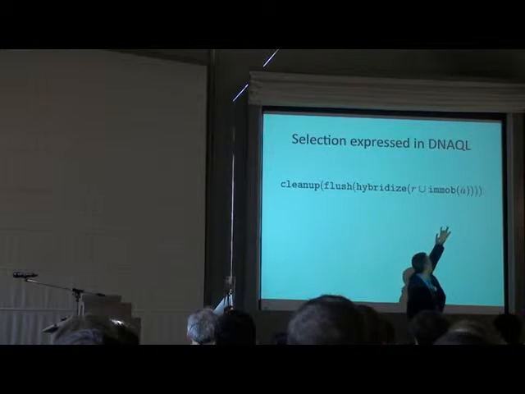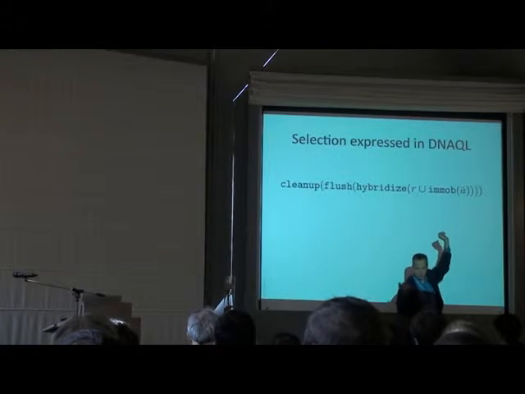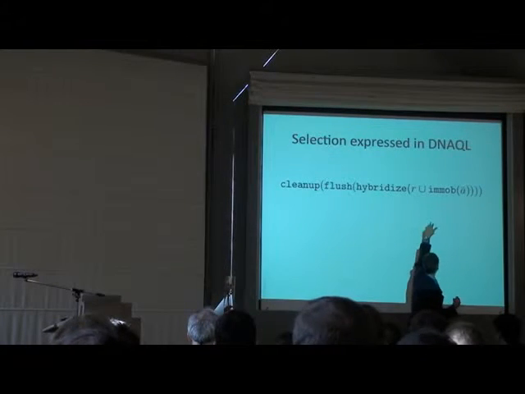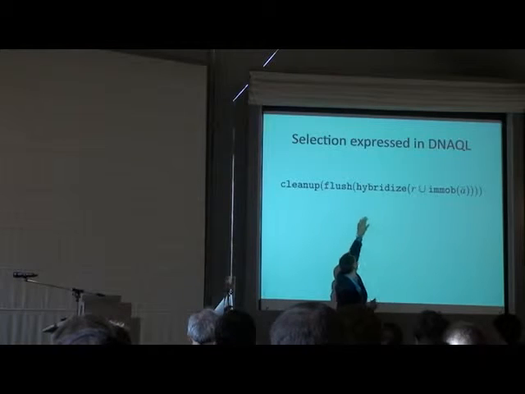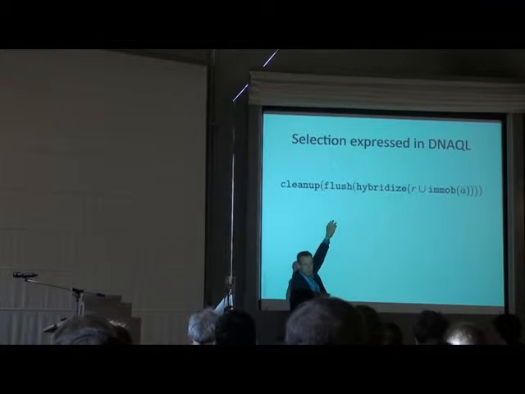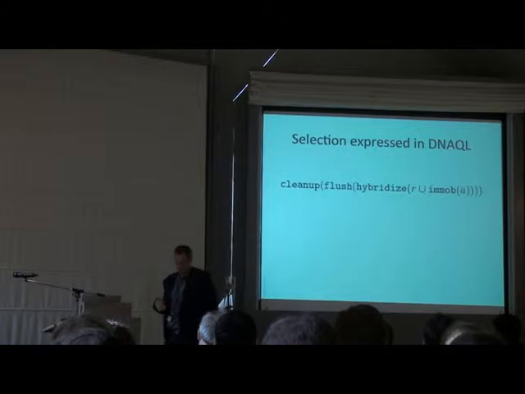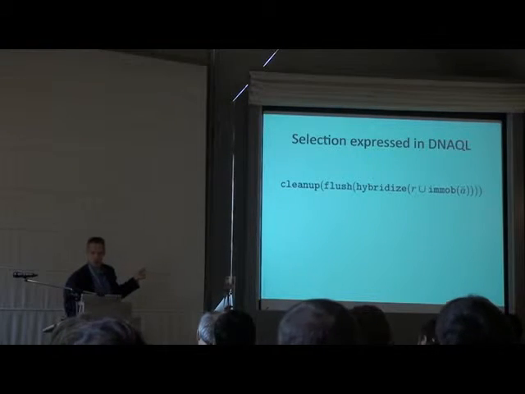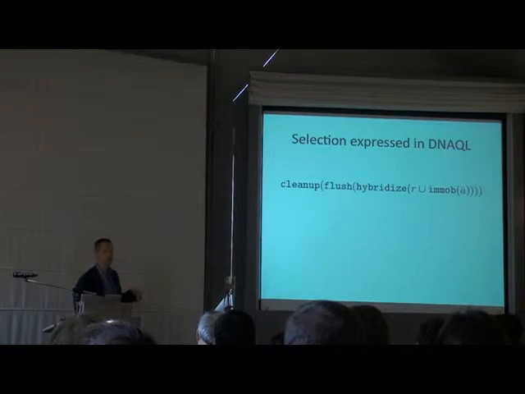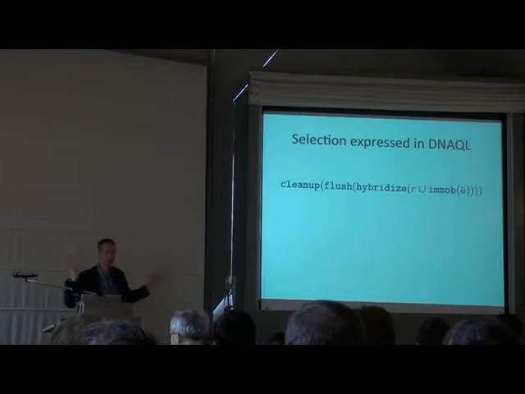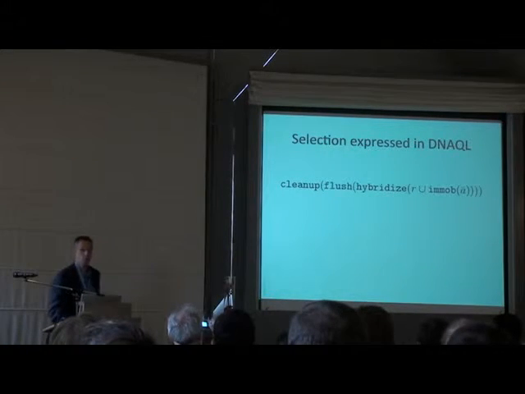This is called a probe. You can only do it with value bits that are complemented. We add them, we let it hybridize, we flush, which means removing things that have not stuck, and clean up means removing the immobilization, and we are left with the result. These are already five operations of DNAQL. We used them in this order to do the selection, but you can use them in any order, because DNAQL is a functional programming language where you can apply your functions in any order you want.